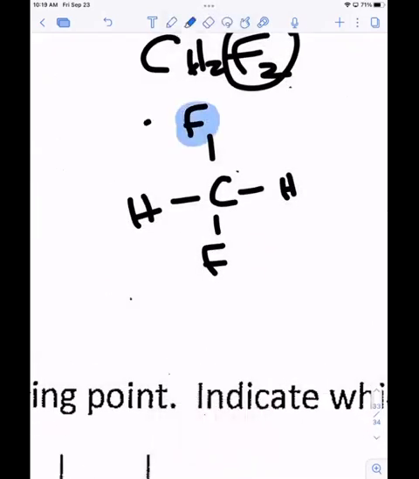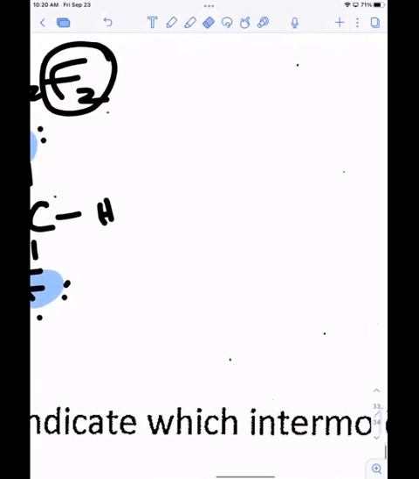the best practice is to put the halogens apart, because if you put them together, on the same side, you're going to get a lot of electron repulsion between those two atoms.